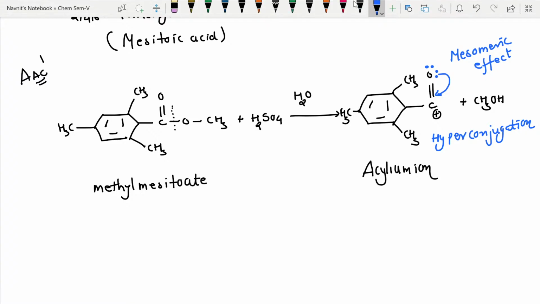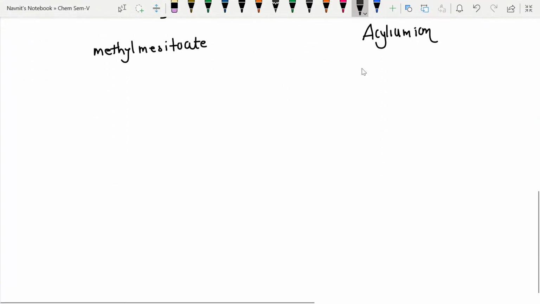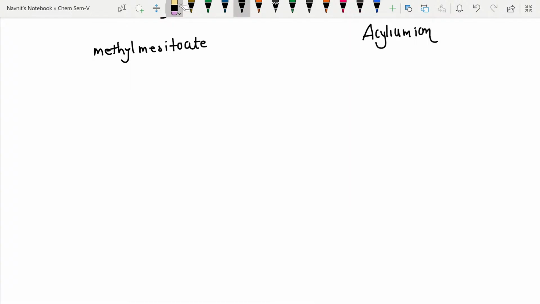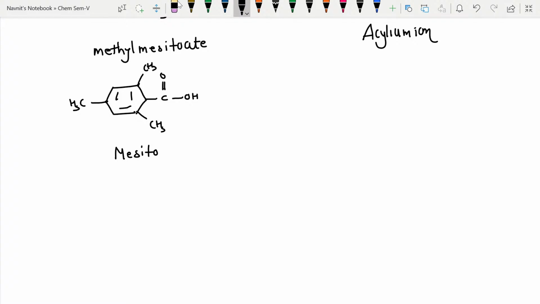Similarly, if I have mesitoic acid, then discuss the esterification of mesitoic acid. This mesitoic acid is also able to form a stable carbocation.